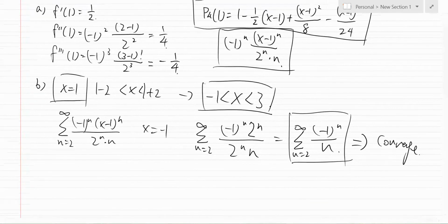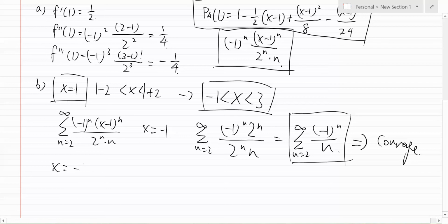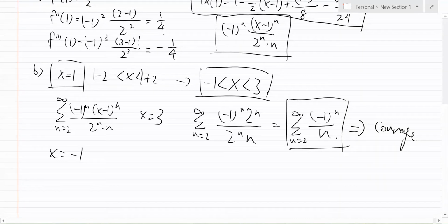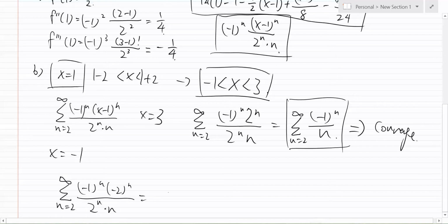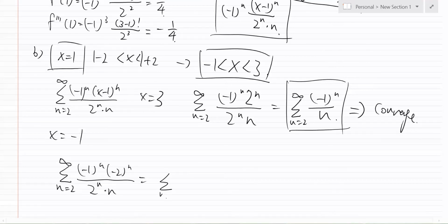So then we look at x equals 3 and x equals -1. When x equals 3, we have the sum from n equals 2 to infinity of -1 to the nth times -2 to the nth over 2 to the nth times n, which after we simplify equals 1 over n.